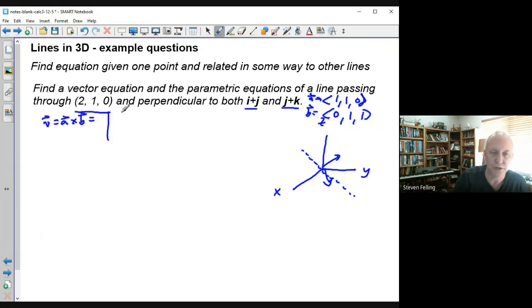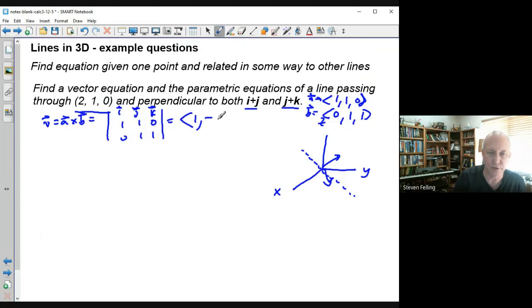So to do A cross B, I'll use my ijk thing here. And I'll go 1, 1, 0, 0, 1, 1. And then I'll quickly make this vector. So the x component is the determinant here, which is going to be 1 times 1 minus 0 times 1. So 1 minus 0 would be 1. And then we have the negative of the determinant of these four numbers, which is 1 times 1 minus 0.